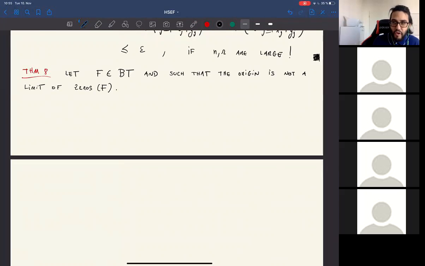Another way of saying that the origin does not belong to the closure of the zeros of f in the upper half plane, of course. Okay, so that's the assumption.